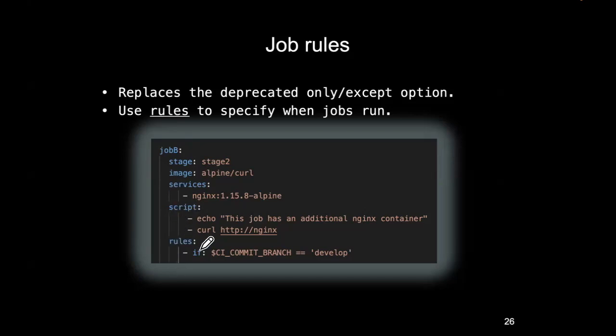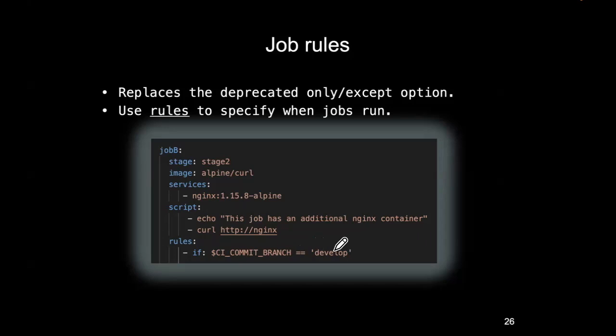A rule simply consists of an array of condition tests, if statements, in other words. The if statement can have any condition test within it, whatever makes sense. Now, in this simple example, and this is one that we would use quite a lot, in the condition test we're checking to see, was the push to the repository to the develop branch?